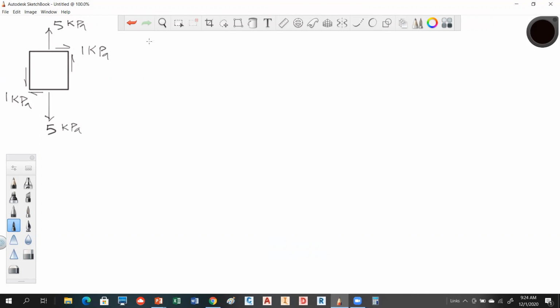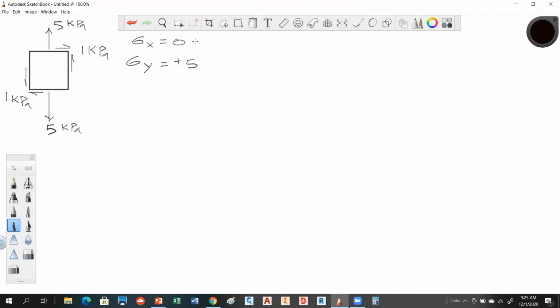So for the variables, there is no normal stress in the x because there's nothing happening this way, okay? But you do have a normal stress in the y, and since it's a tension, you're going to call that a plus 5 kilopascals.